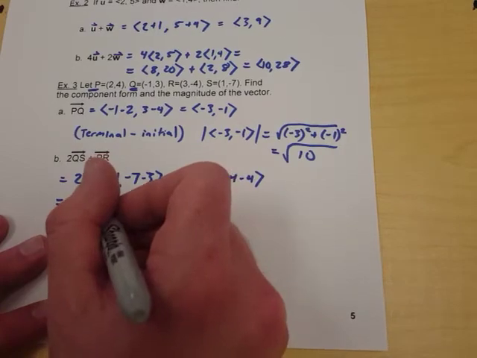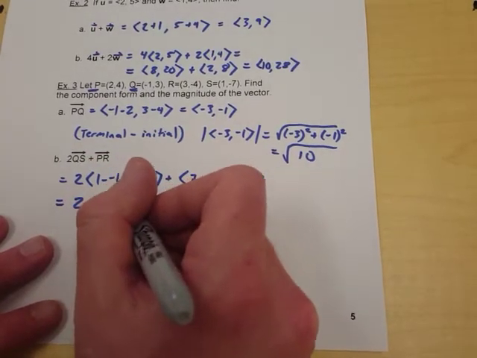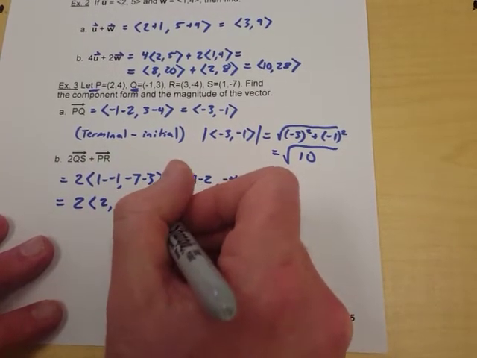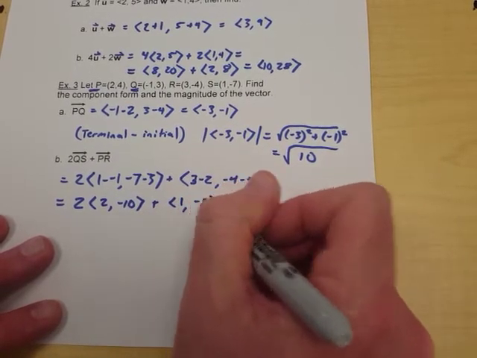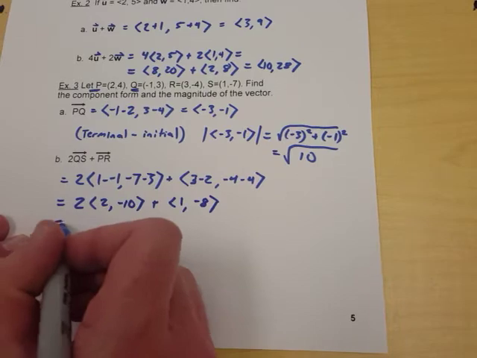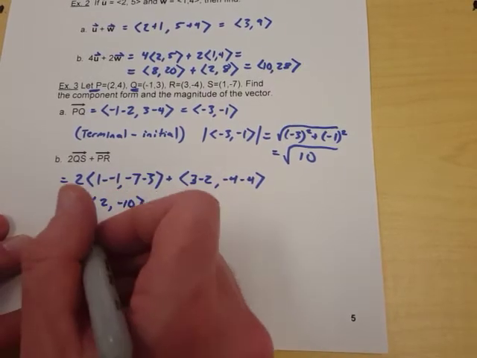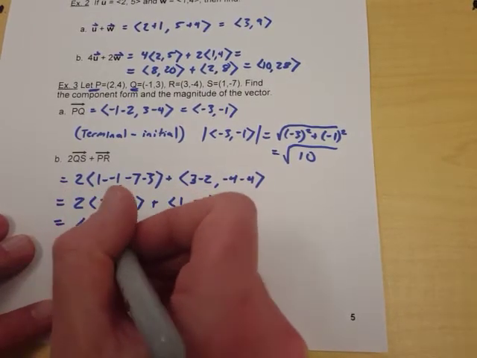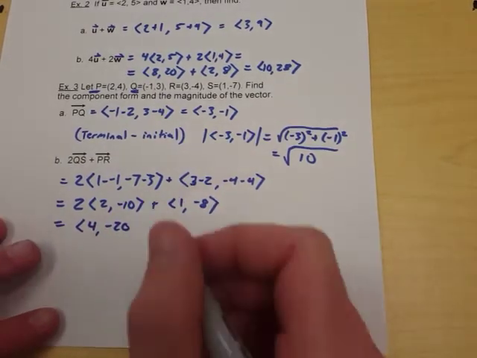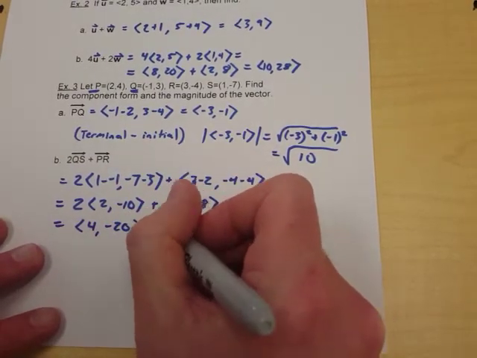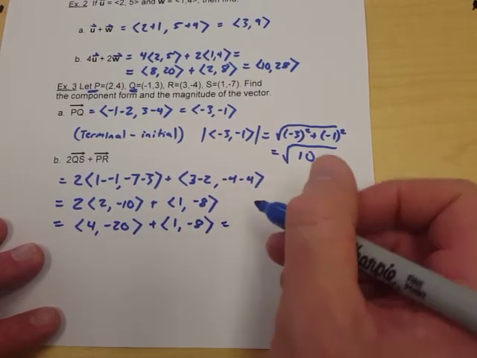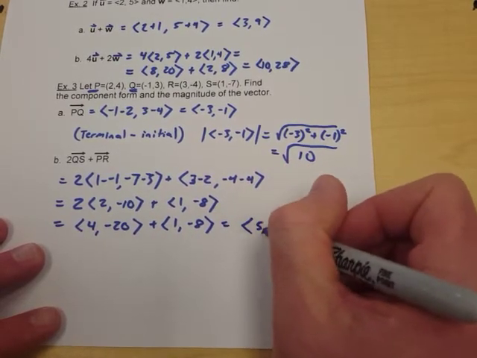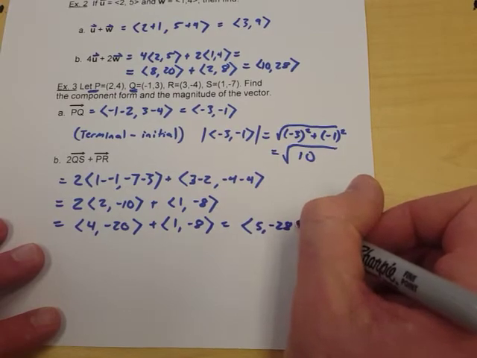Now we just go through and simplify things one at a time. So this will be 2 times the vector 2, -10, and then we have the vector 1, -8. Distribute, do the multiplying before you add those together, and so that'll give us 4, -20 plus 1, -8. And then finally here we can add those together to get the vector 5, -28.